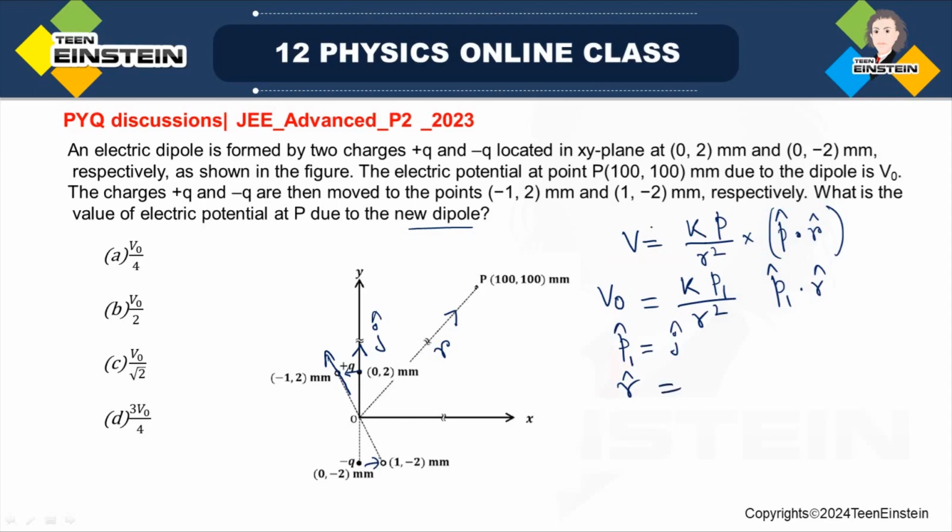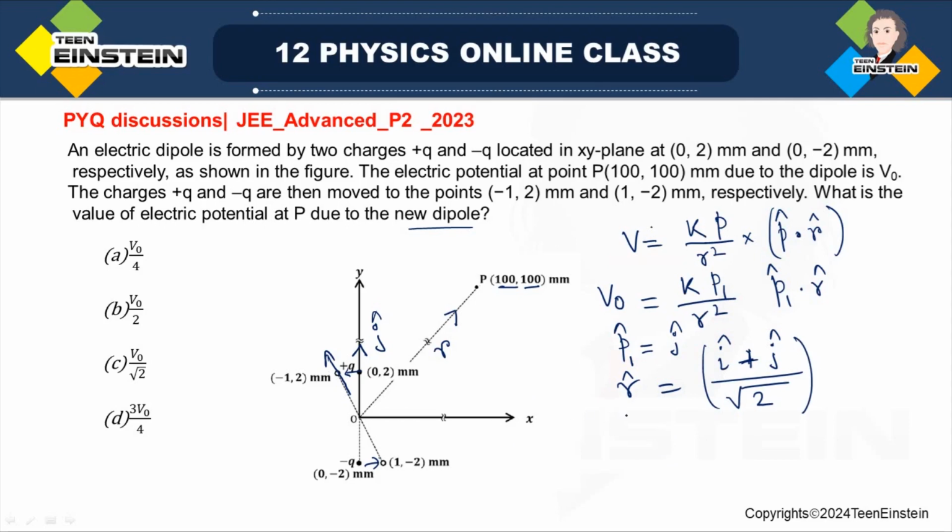R cap is the direction of this point P. Look, this point P has coordinates where both x and y are the same. So what I can write is the unit vector i cap plus j cap divided by square root of 2. So this will be the unit vector along R.